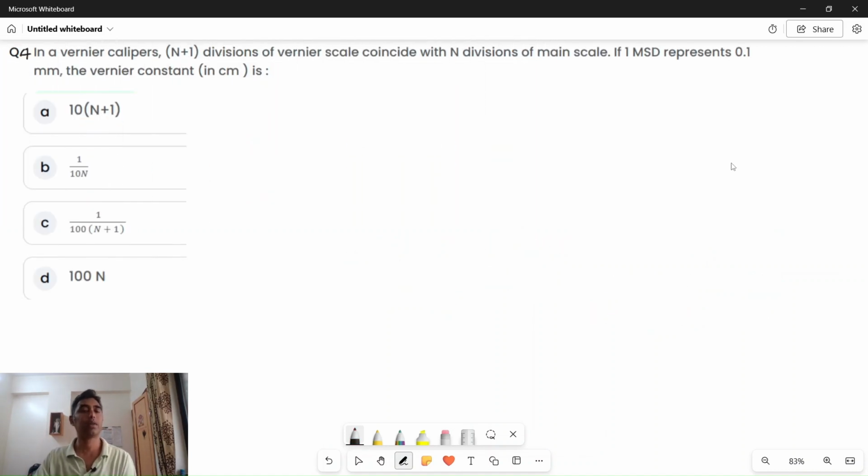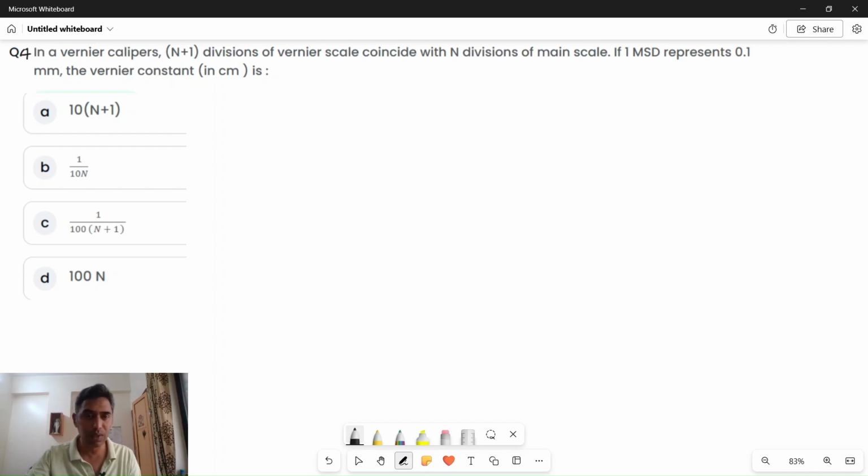Okay, we will take fourth question. It is on instruments. Vernier calipers, n+1 divisions of the vernier scale coincide with n divisions of the main scale. If 1 MSD, main scale division, represents 0.1 mm, then the vernier constant is, okay, very straightforward questions.